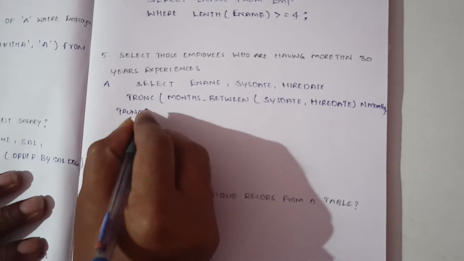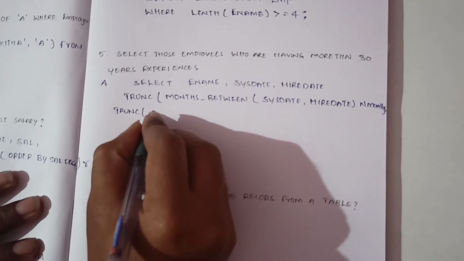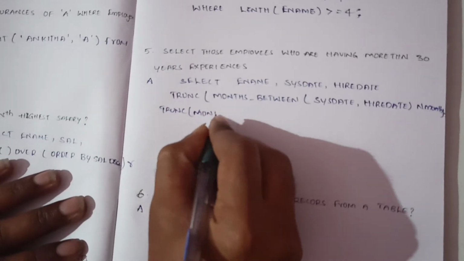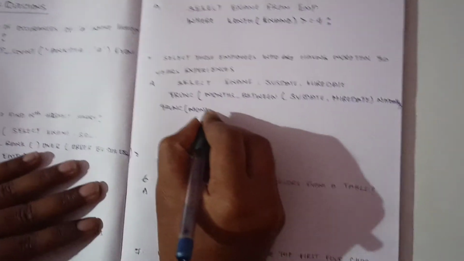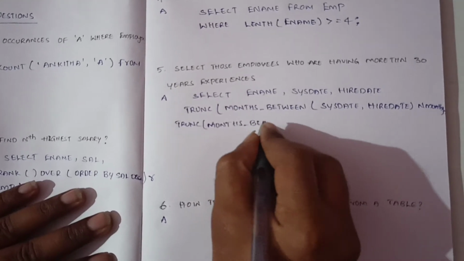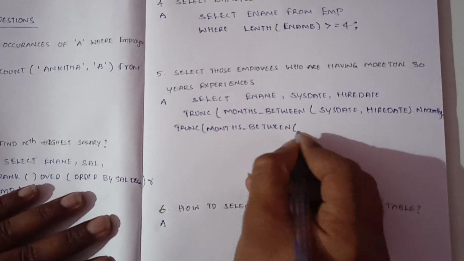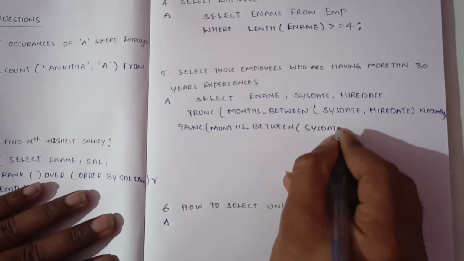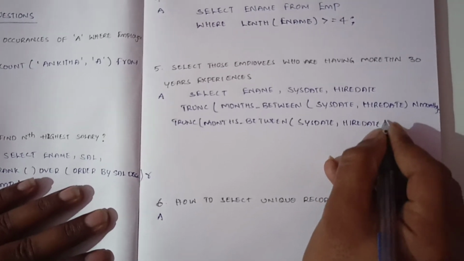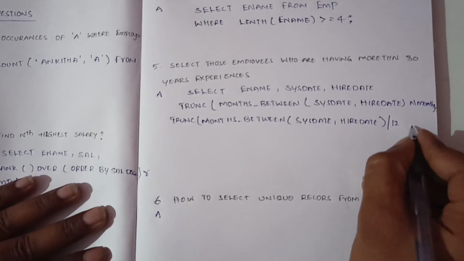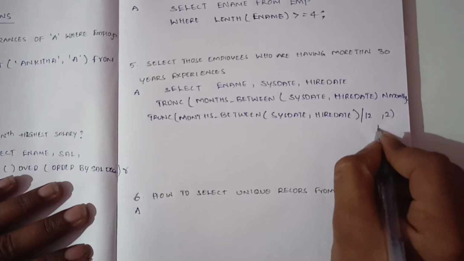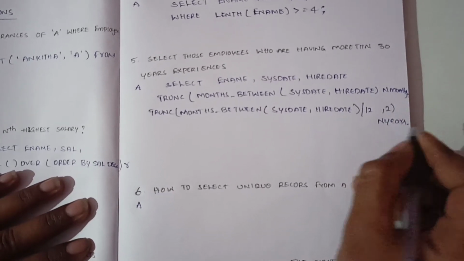Truncate of months between sysdate comma hire date, divided by 12. Here 2 is the 2 decimals. For this we are going to give alias name as n years.